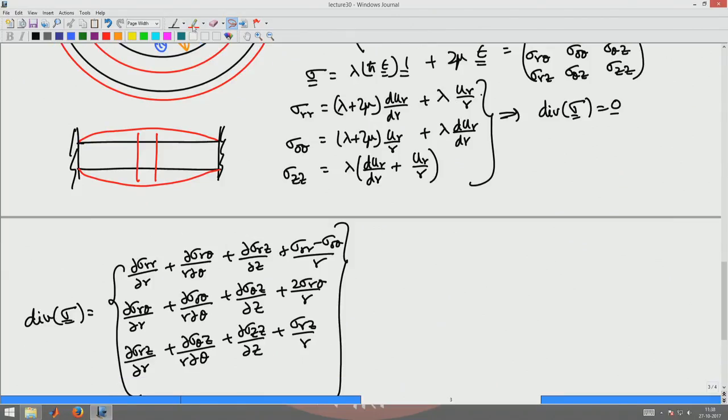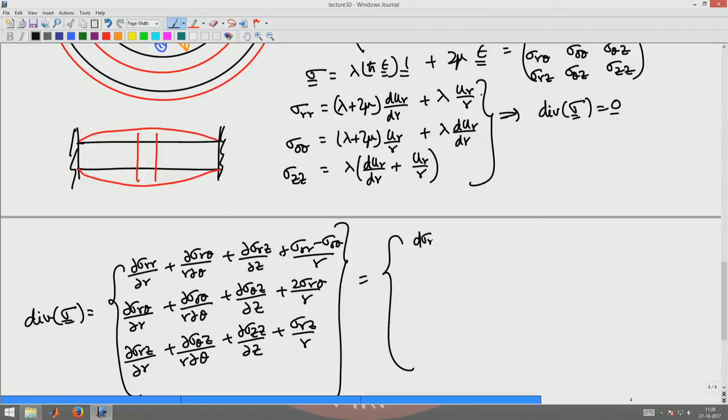Here you find that the sigma r theta component is 0, so this goes to 0, r z is 0, whereas sigma r r and sigma theta theta are not 0. So, in the first equation you will retain d sigma r r by dr plus sigma r r minus sigma theta theta by r, that will be retained.